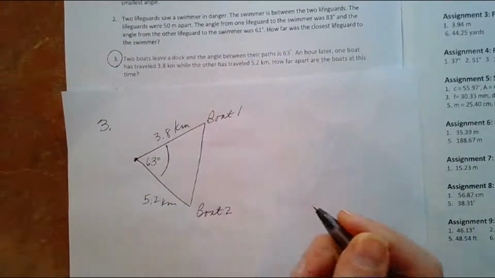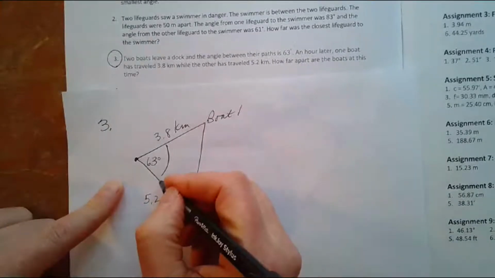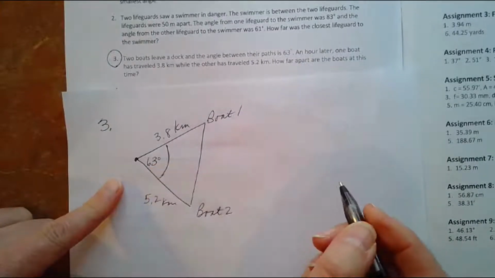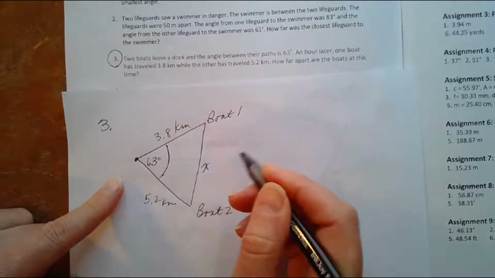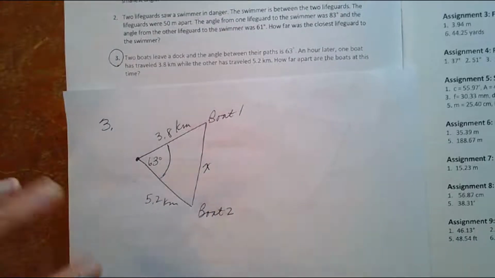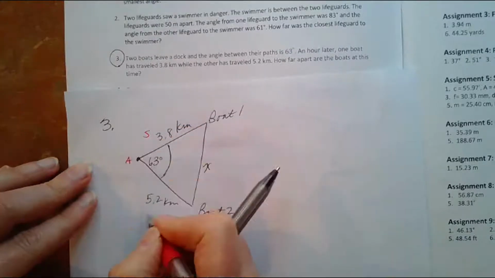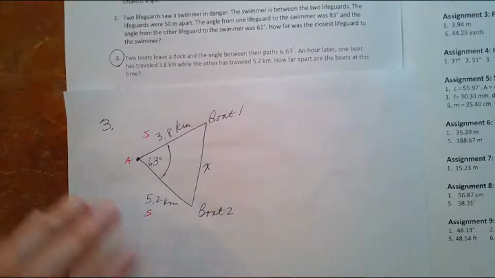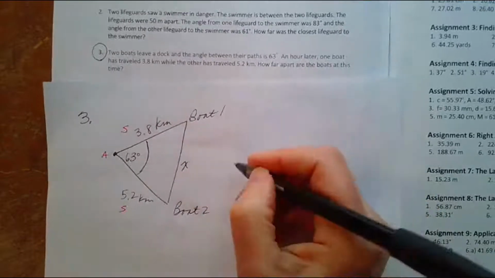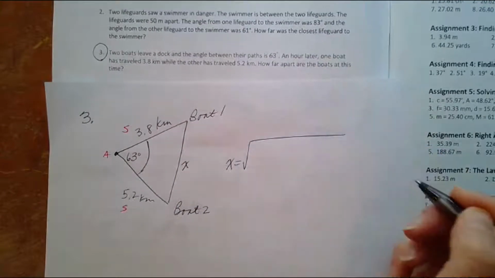How far apart are the boats at this time? Well, you can see where the triangle forms, right? This is not a right angle triangle, because this is 63 degrees, not 90. So they're asking me for this. It's a law of cosines question, the same as what we were just looking at a couple of minutes ago. It's a side angle side, so if I want to solve for x, I have to square root the whole answer.